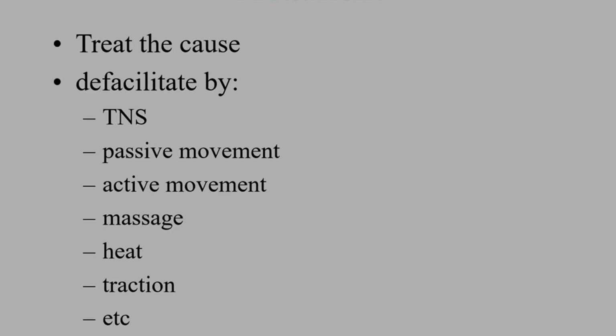TENS, passive movement, active movement, massage, heat, traction, almost anything. Breathing on it reduces tone for a short period, and oftentimes reducing muscle tone is absolutely essential prior to the treatment of the joint dysfunction. Often much of the force of the mobilization is wasted in stretching tight muscle.